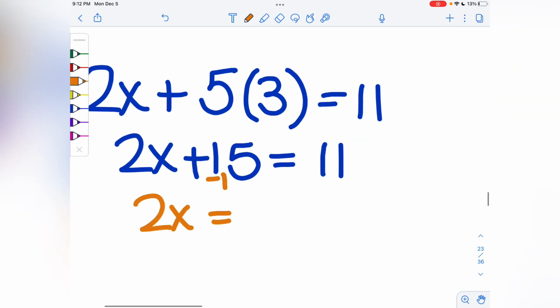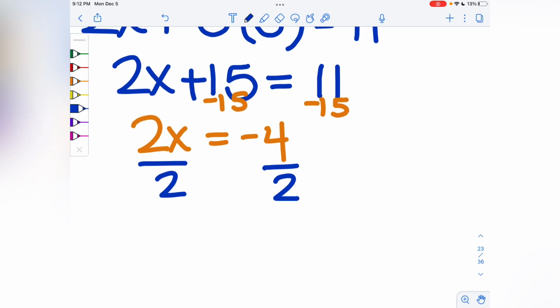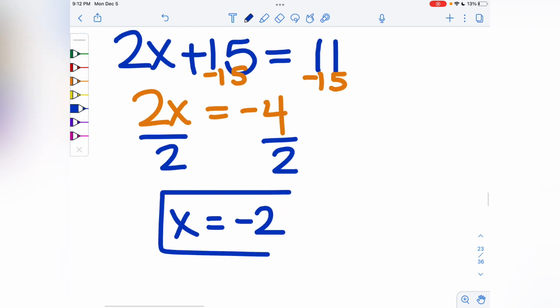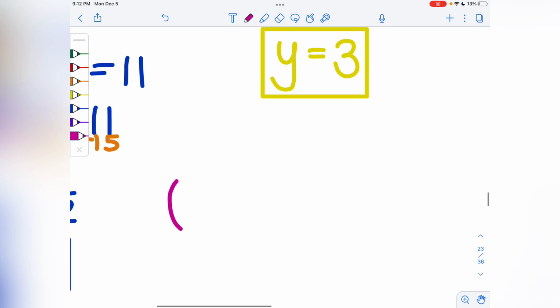I'm going to subtract over the 15. So that's 2x equals -4. And then I'm going to divide over the 2. So x equals -2. All right. That means my final answer is x comma y, -2, comma 3.